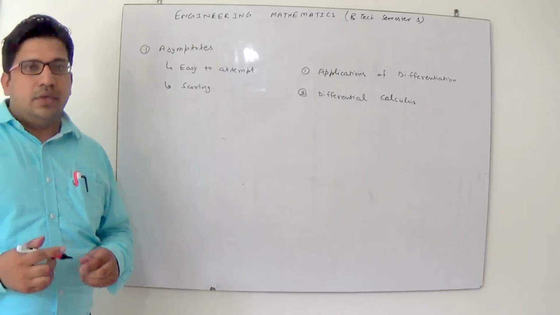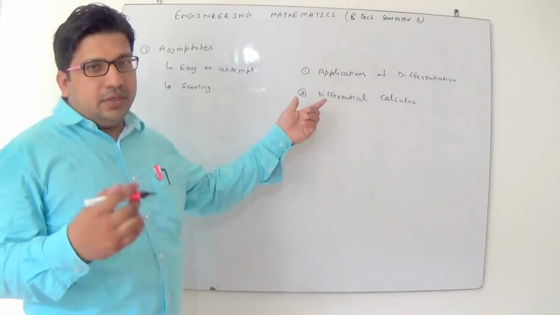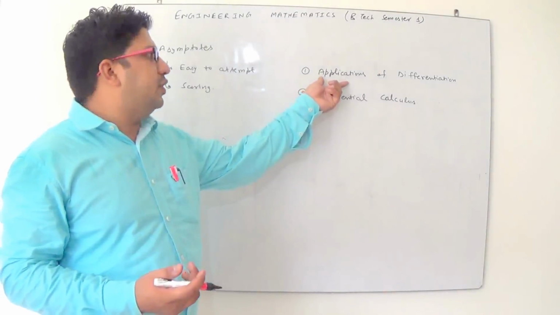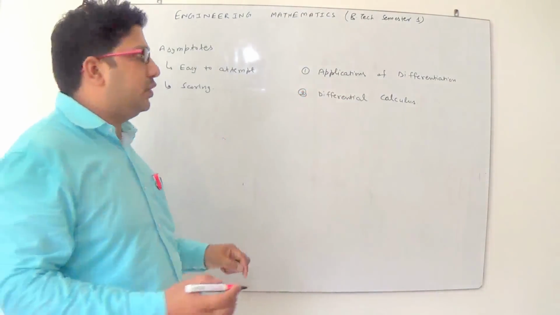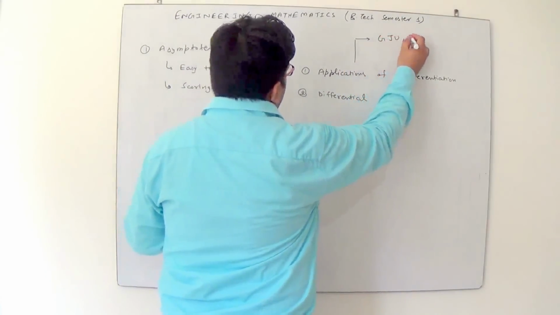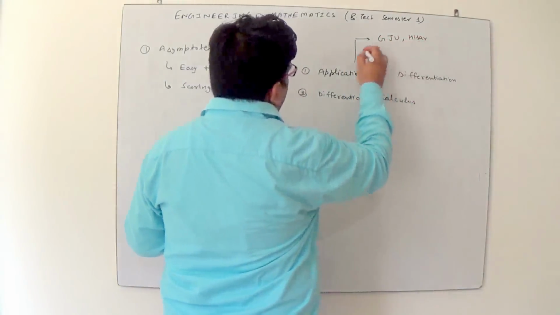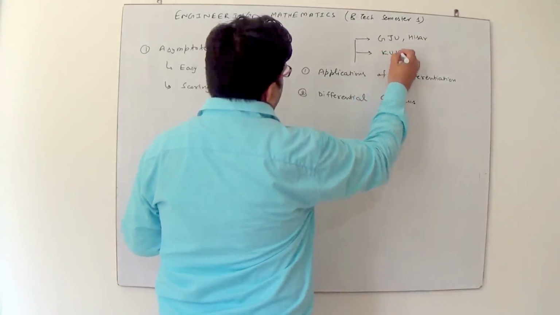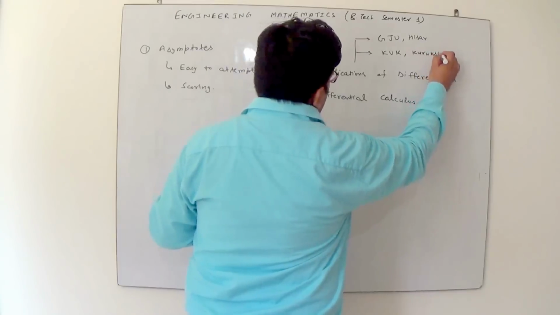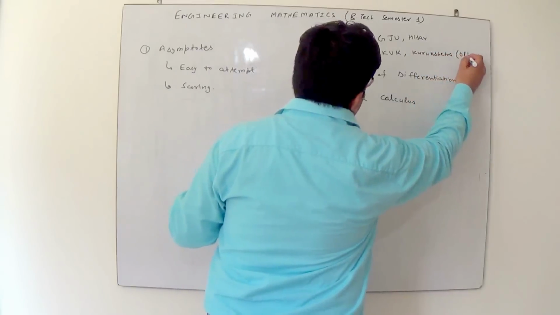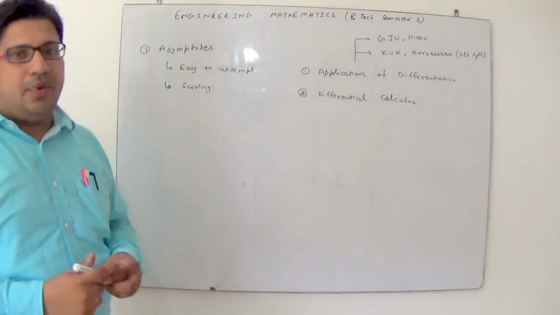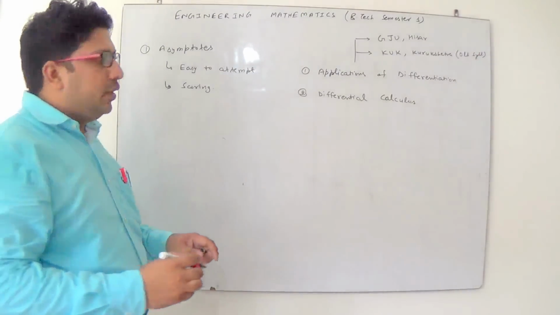In your syllabi it can be mentioned under application of differentiation module or differential calculus. Mainly in the syllabus of GJU Hisar and Kurukshetra University Kurukshetra, old syllabus, it comes under the module of application of differentiation.